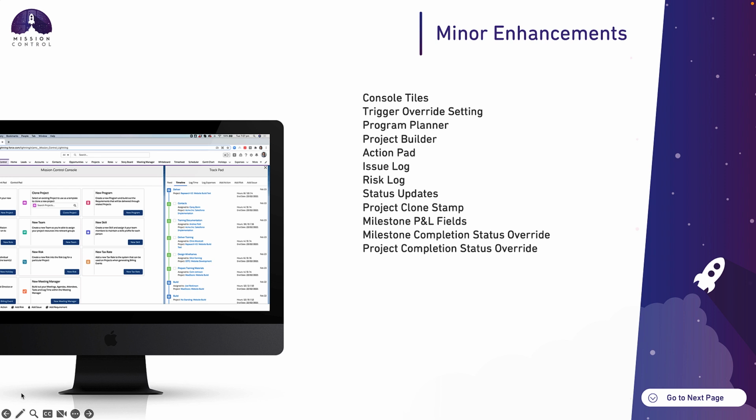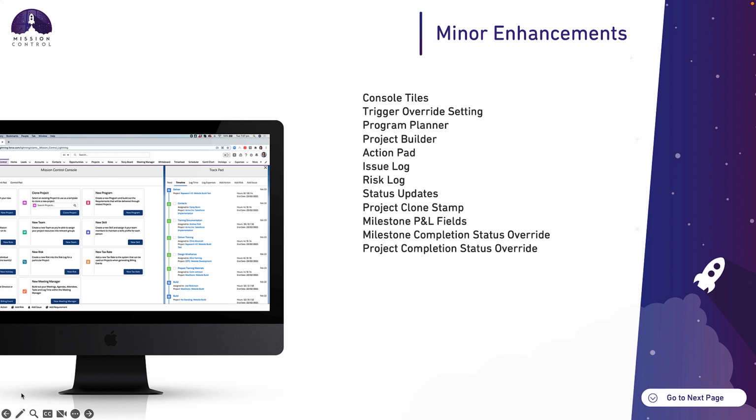Some customers may want to prevent records from being set to complete if there are unresolved risks or issues. So there's a new setting being added to the project automation settings section of the control pad. It's known as disable status being set to complete if unresolved risks or issues.